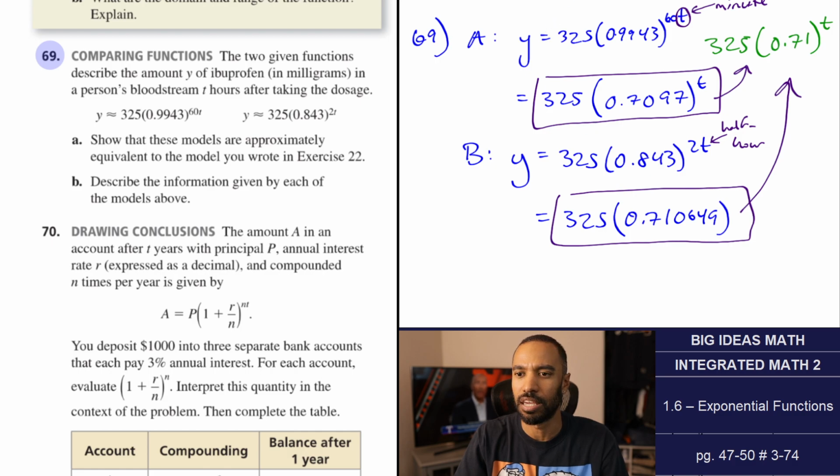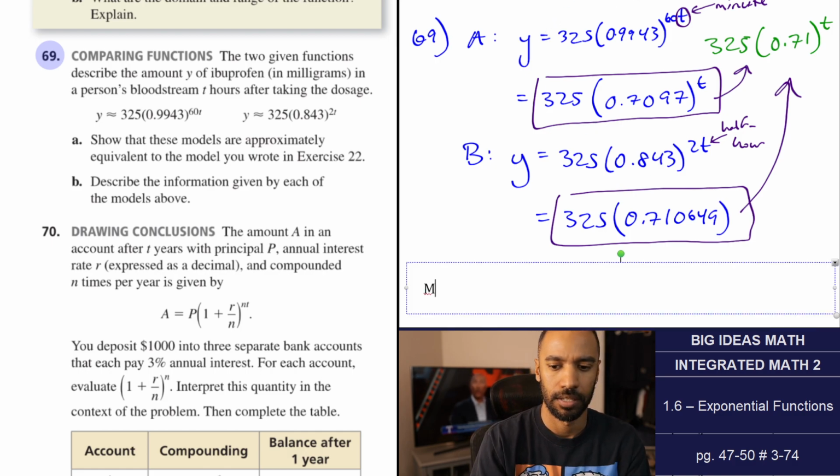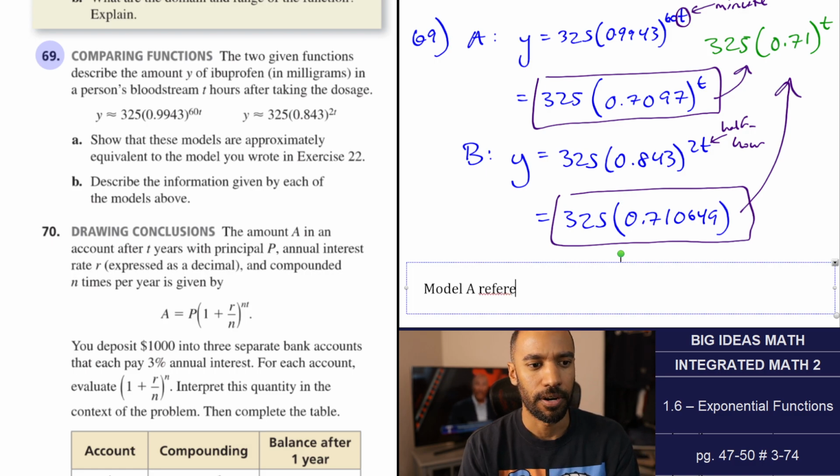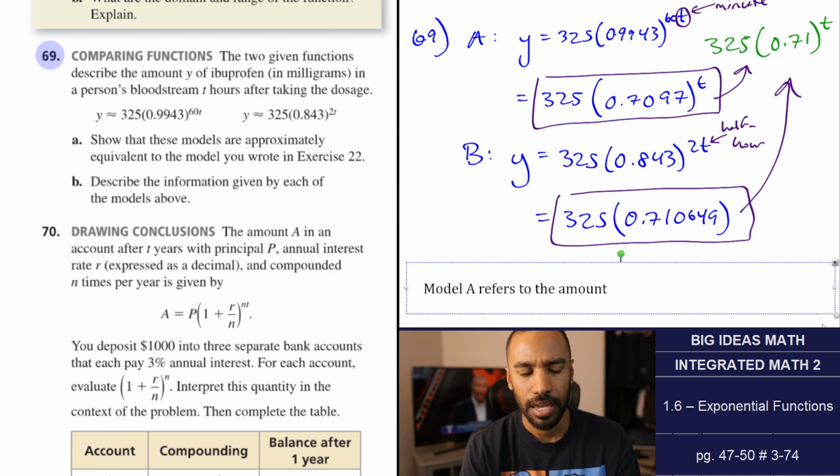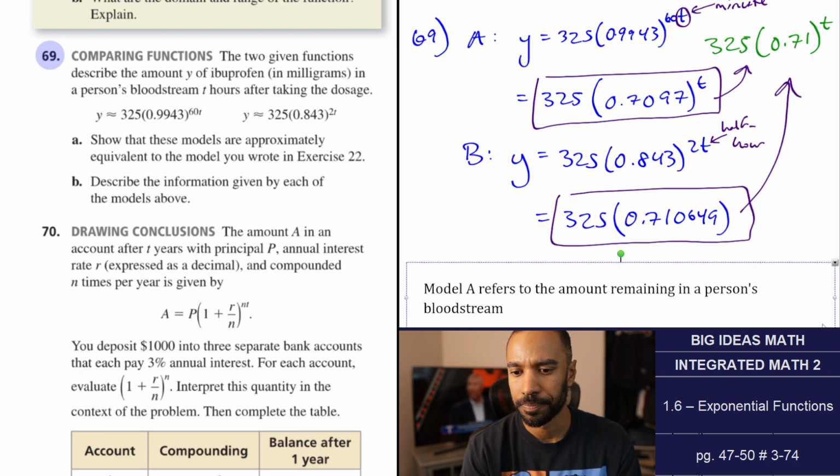Describe the information given by each of the models above. So model A refers to the amount, is it lost? Wait, hold on. The amount, I guess, remaining in a person's bloodstream.